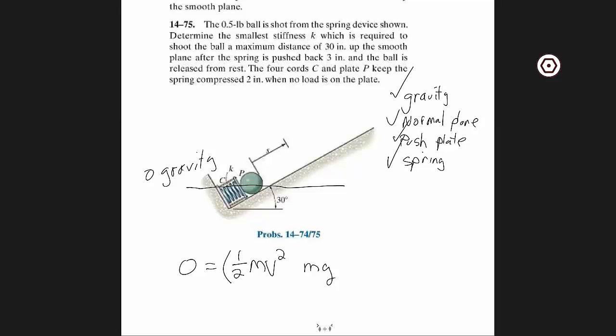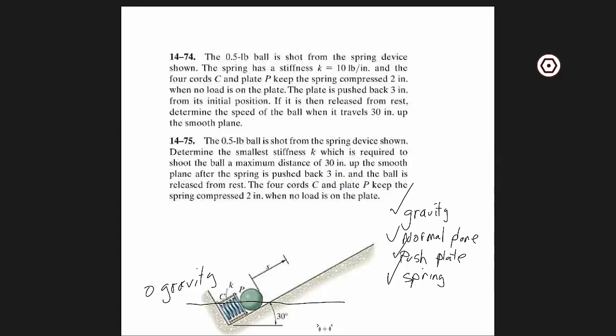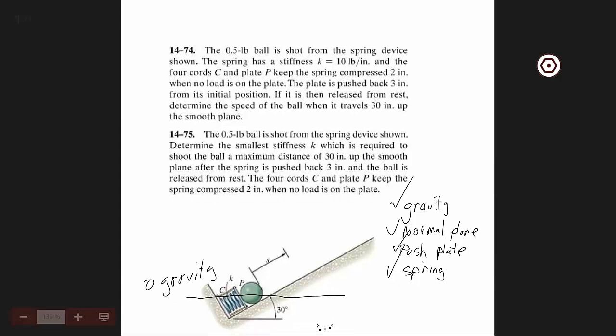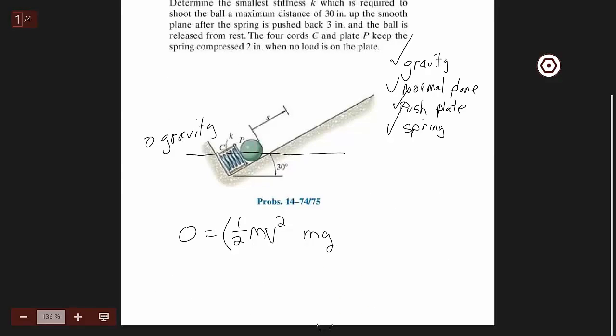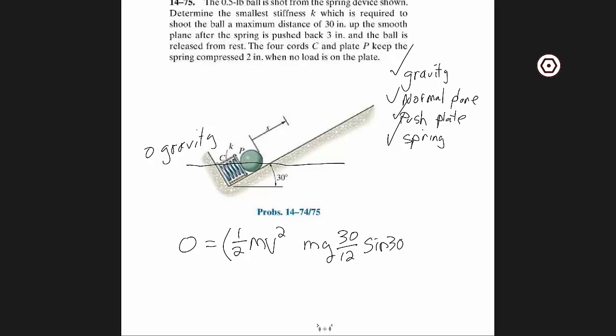Okay, and because they gave me the distance that he went up, it would be 30 inches. And I'd be careful. I would put everything in feet, but it's up to you. So it'd be 30 over 12, now put it in feet, times what? Sine of 30. Is he above or below the zero? Above, so that'd be positive energy.